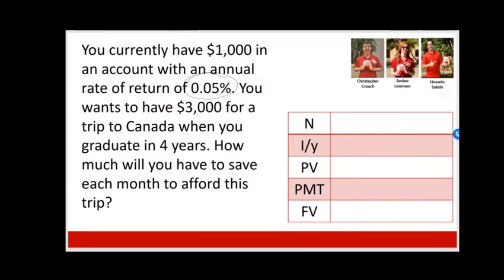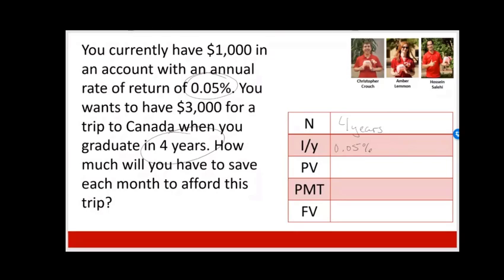So N will be 4 years. Do I need to write that in or not? Okay, wait, can you say that one more time? N is 4. Okay. PMT... I over Y is 0.05.